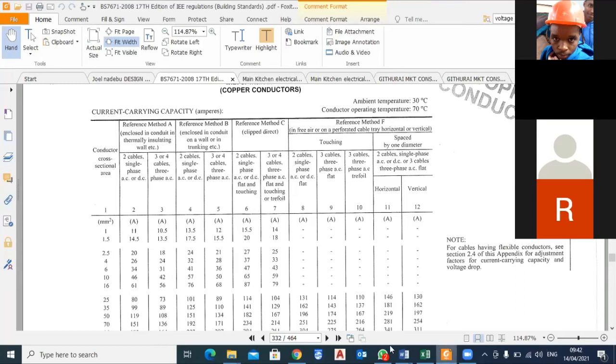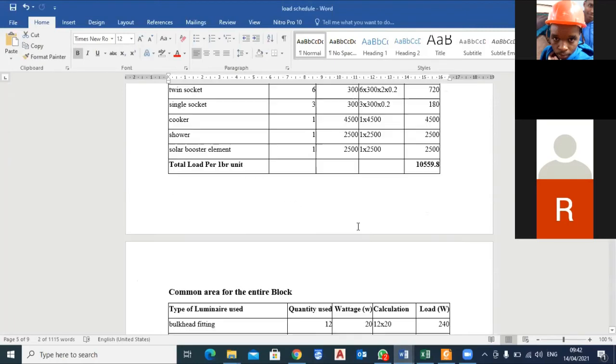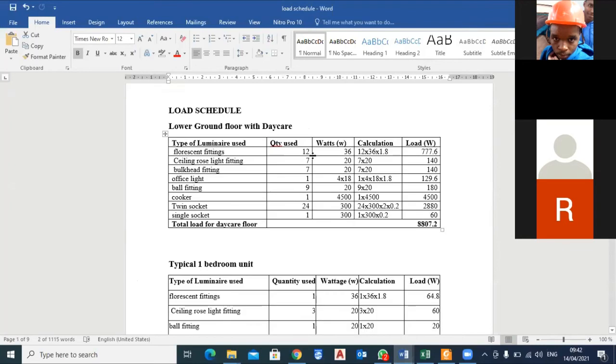2784. If we go back to our load schedule, how many lights do we have?